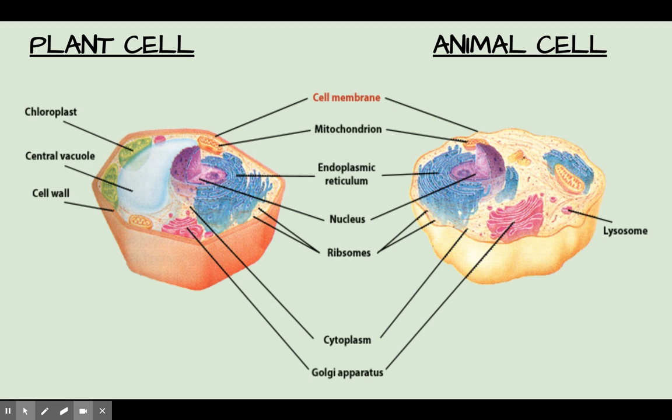You're going to have a worksheet later on this week covering the different functions of the organelles. You need to know them. Okay, I can't stress that enough. You need to know the organelles. You need to know the difference between plant and animal cells. Be sure that you're familiarizing yourself with this concept. If you have issues, please, please, please reach out to me. Let me schedule a Google Meet with you.